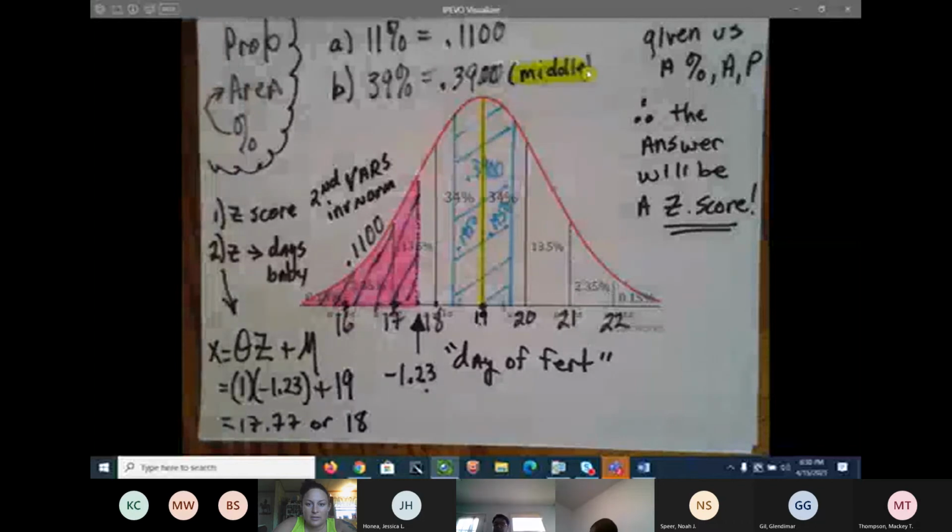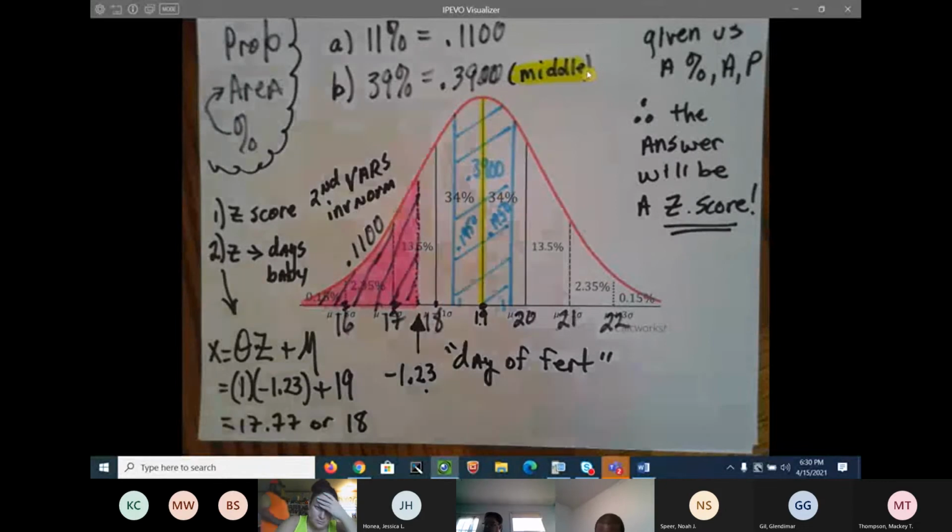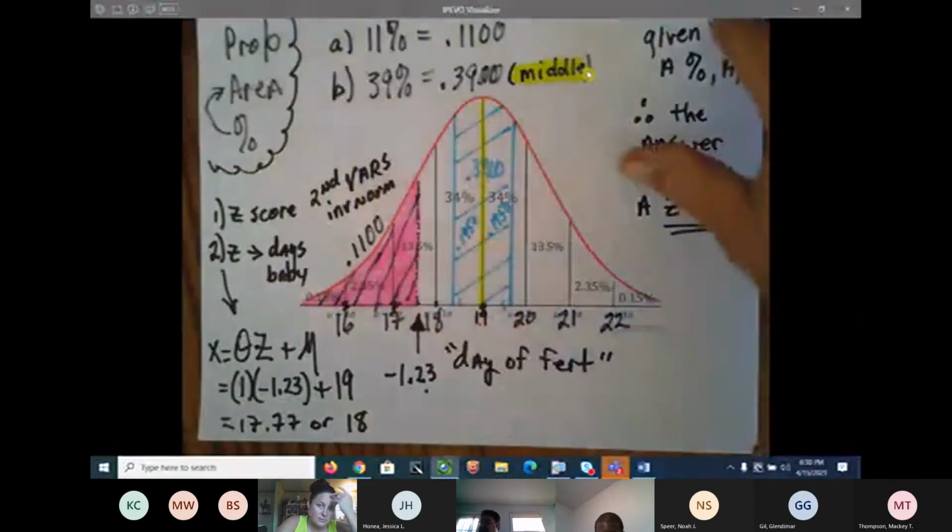Okay, days of fertilization, middle. The answer is going to be a z-score. Okay. So I'm going to write the B part over again.